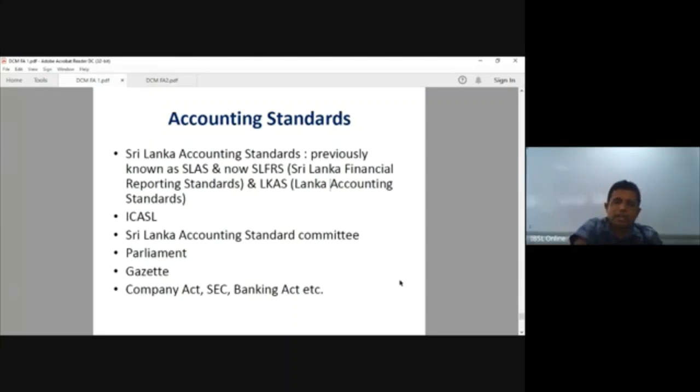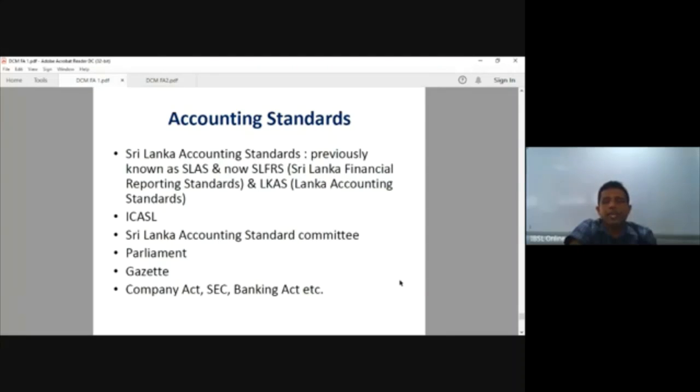But in Sri Lanka, there is an act, number 15 of 1995, the Accounting and Auditing Standards Act, where they have given powers to the Institute of Chartered Accountants of Sri Lanka. They have given that institute the power to determine the accounting standards of Sri Lanka, right?